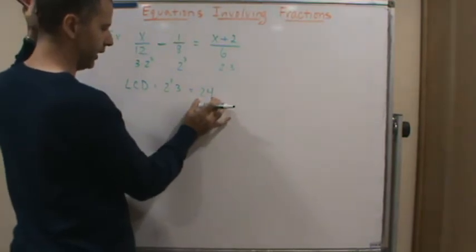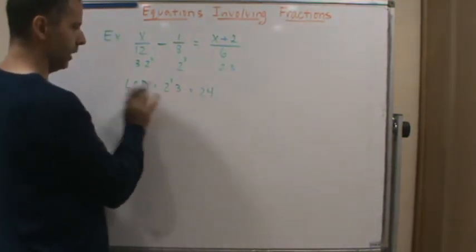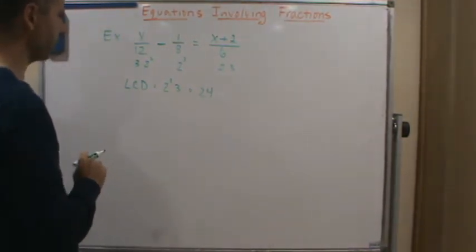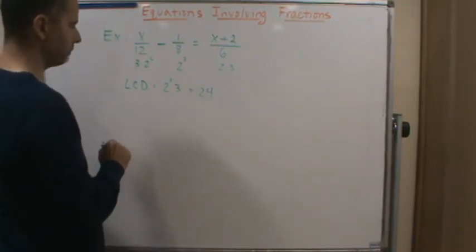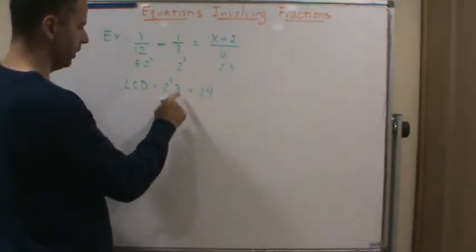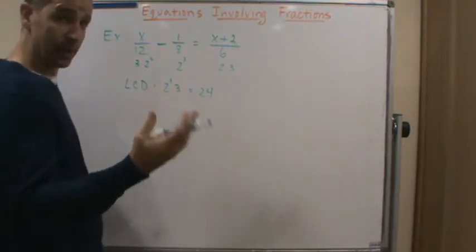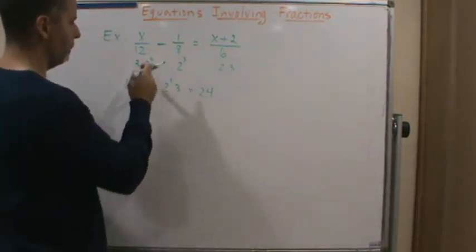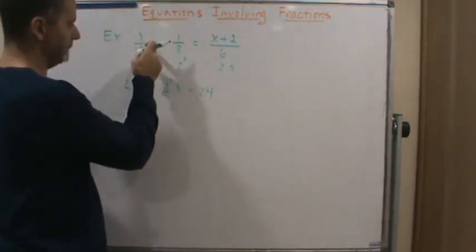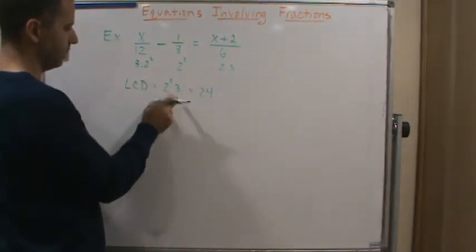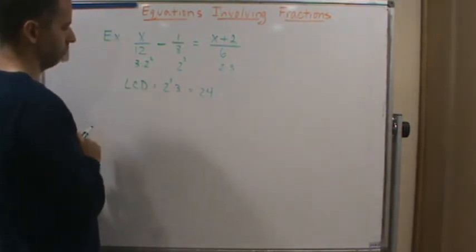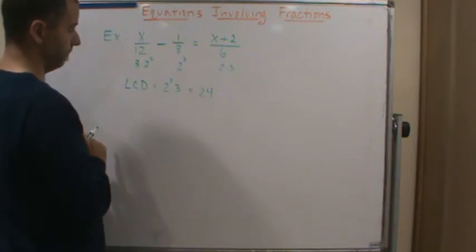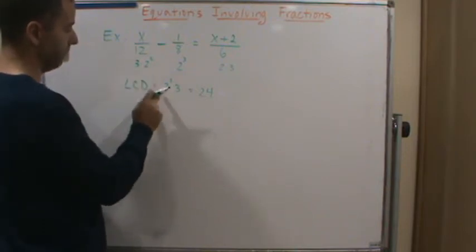Just hold this in the back of your mind, but let's focus on this. So again, let's go back to the way we were doing it before. What do I need to do to the top and the bottom here to get 2 cubed times 3?